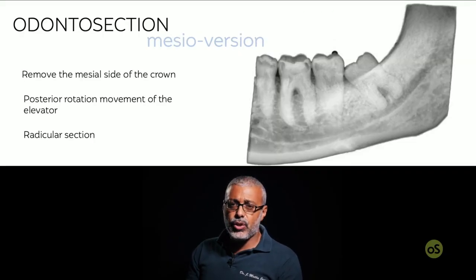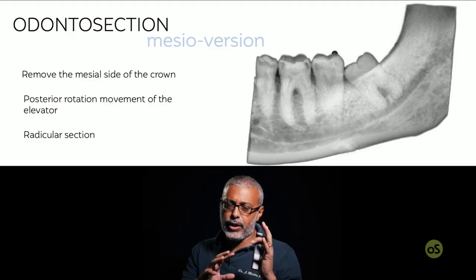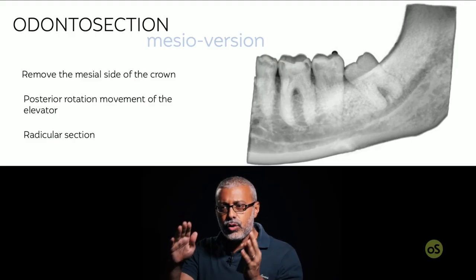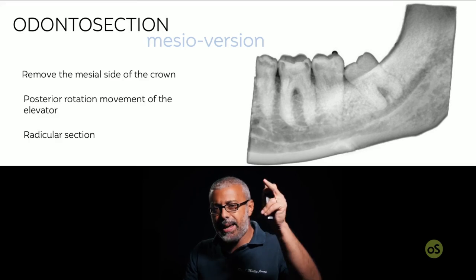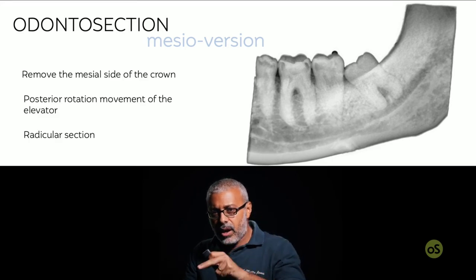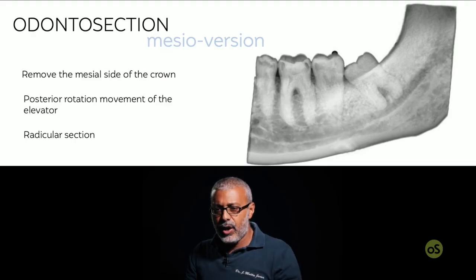In case of mesially inclined tooth, then we will have to cut the tooth if it is not completely covered by the 7th tooth, creating 2 monoradicular segments, so we can make a vertical cut to cut the tooth in half.